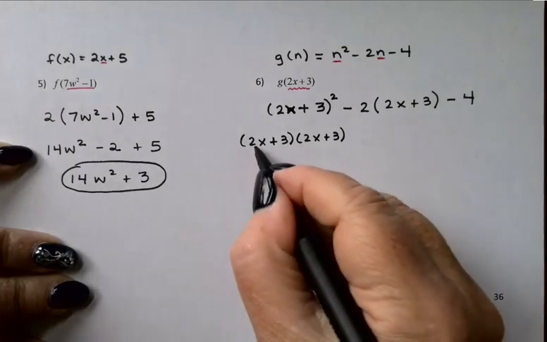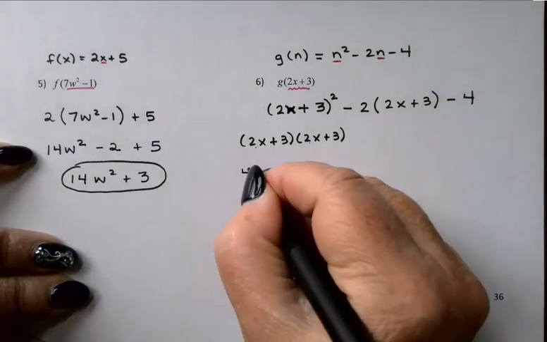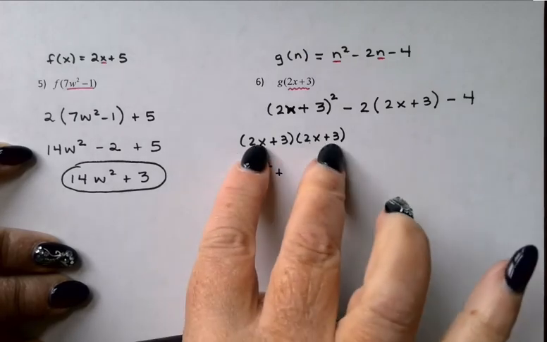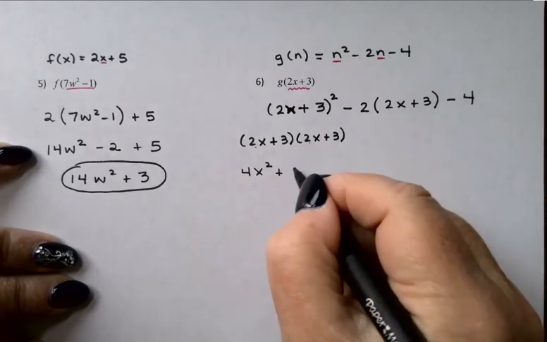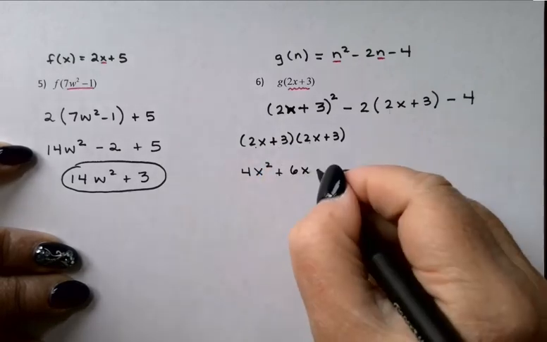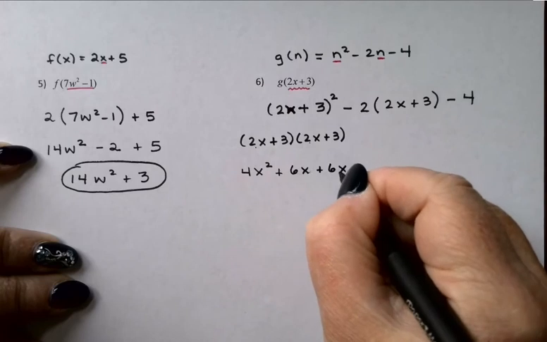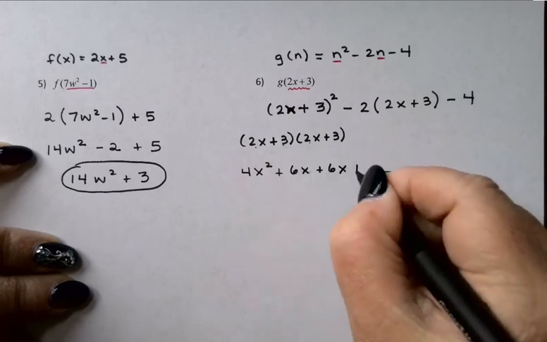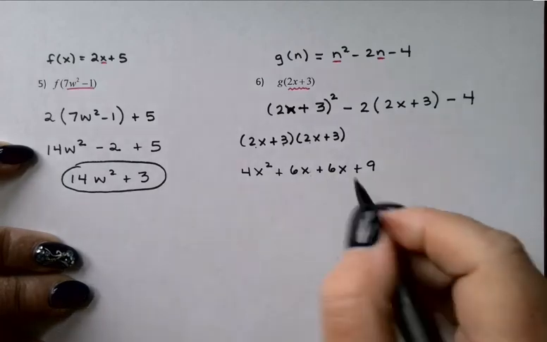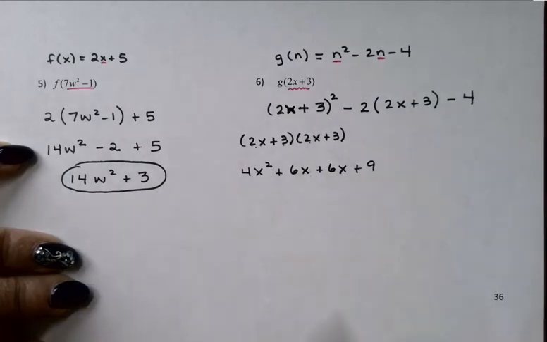But we have to multiply 2x times 2x, it's 4x squared, plus 2x times 3 would be 6x, plus another 3 times 2x is 6x, and then finally 3 times 3 is 9. So we want to make sure to get all of those terms in there. It's really easy to miss the middle two.